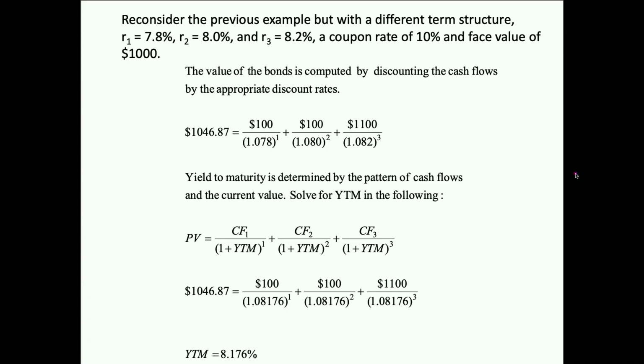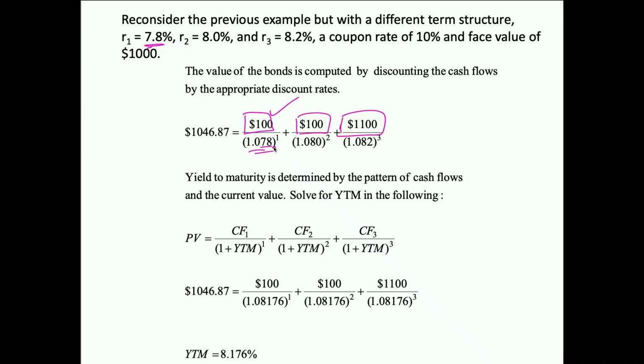So we know a 3-year $1,000 face value, 10% coupon rate bond gives us this series of cash flows. 100, 100, and then 1,100. Hopefully we're getting good at this. 10% coupon, face value of 1,000, matures in 3 years. That's gonna be 100, 100, 1,100. Good. Each cash flow we're going to discount by the appropriate spot rate. So this 100 here is going to be discounted by R1, 7.8%.